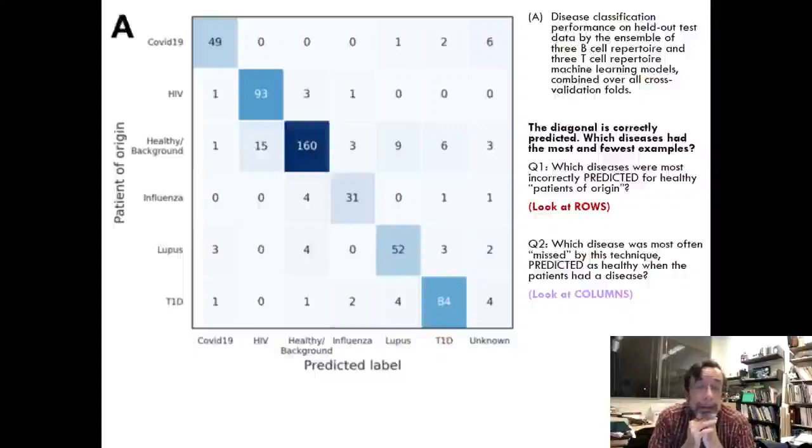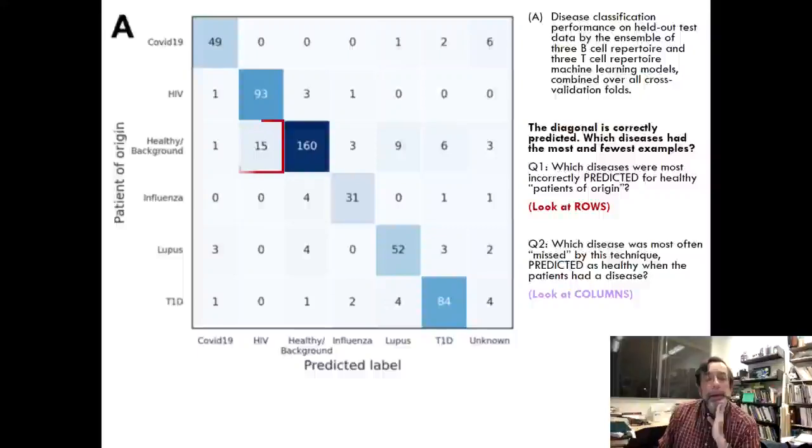They also make these slightly darker when it comes to the shade of blue. So look for the biggest number. Just look at the diagonal for correctly predicted. Look for squares that are off the diagonal that are shaded blue or have bigger numbers. If you look at the healthy row and look across, look for the two biggest numbers that are not the 160.